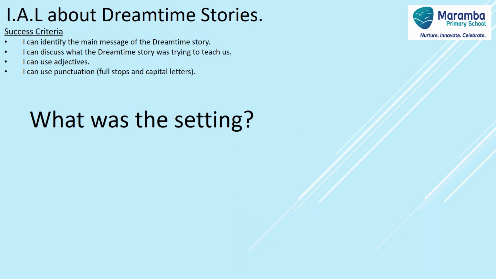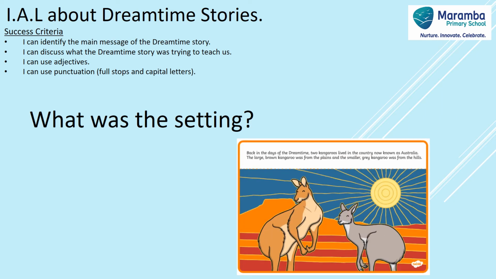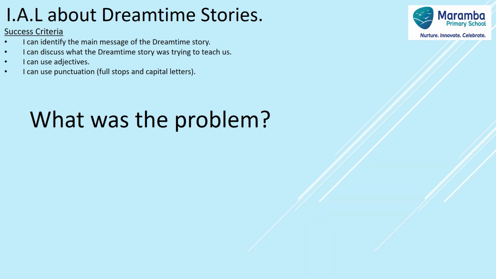What was the setting of where this story took place? Well, that's right. It was in Australia, in the outback. So what was the problem in this story? Have a think back.